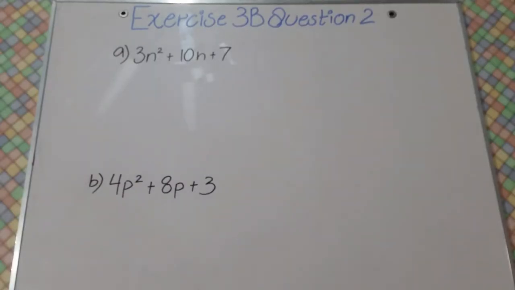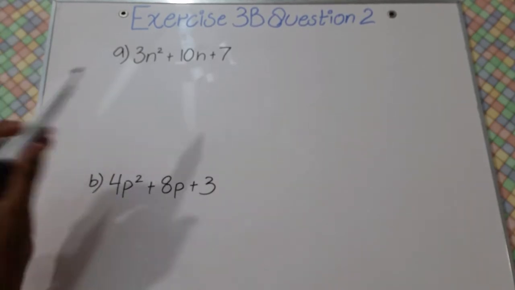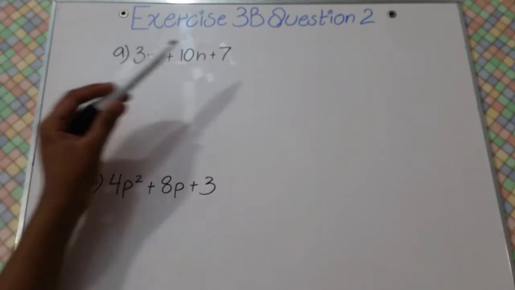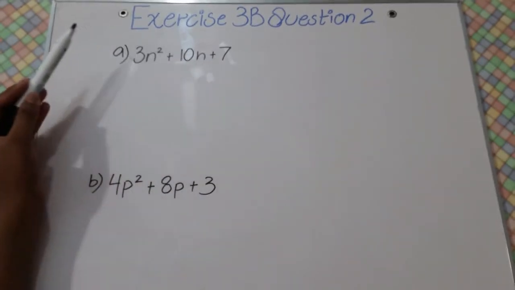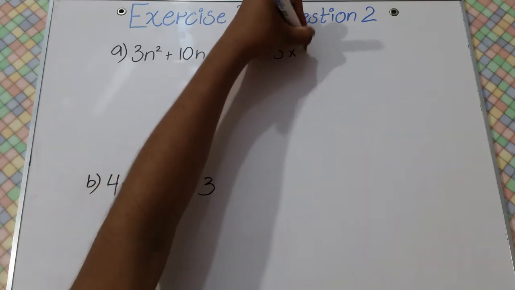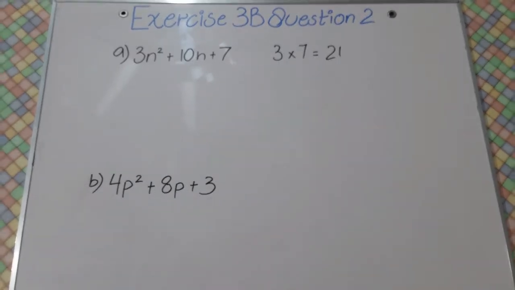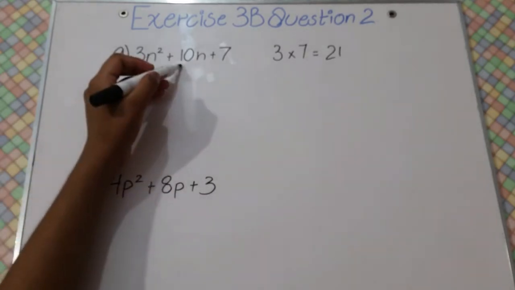So over here I have written part A and part B. First let's solve part A. First of all, to break the middle term, I'm going to multiply 3, the first value, and the last value. So 3 multiplied by 7 is 21. Now we need to find two numbers which by multiplying give 21 and by adding give 10, the middle term.